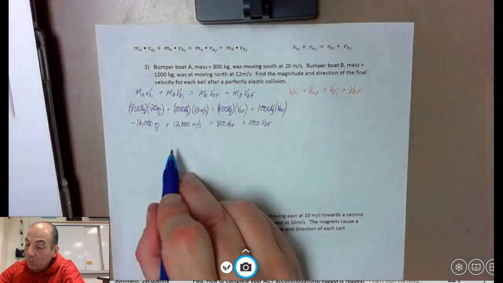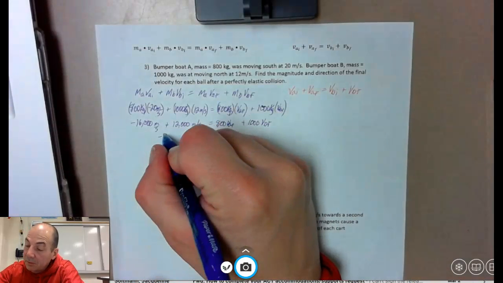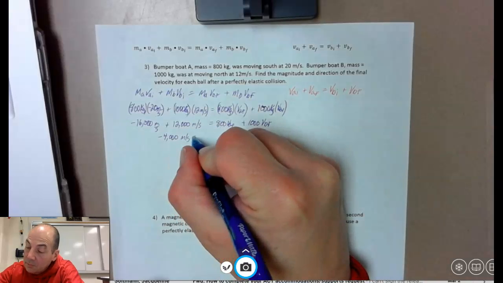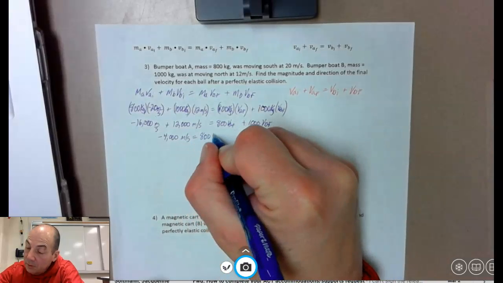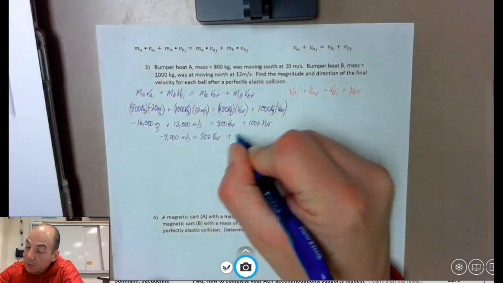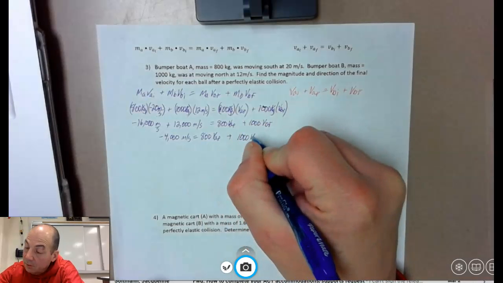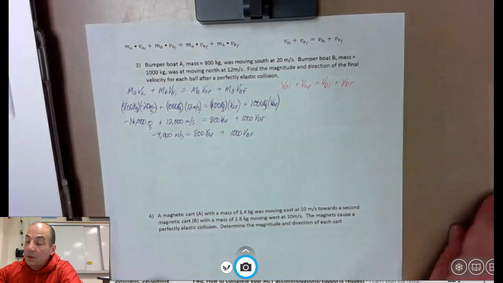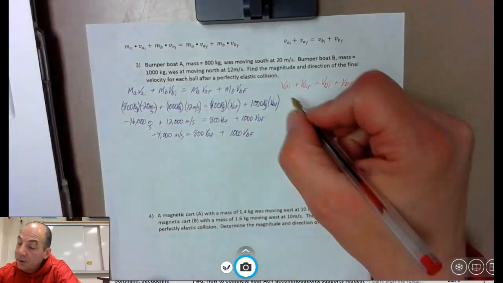And I guess I'll take it one more step and combine here to say that we have negative 4,000 equals 800 VAF plus 1,000 VBF.